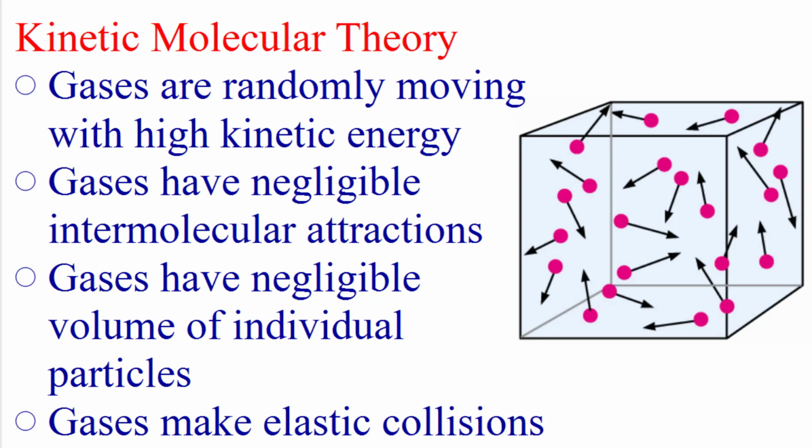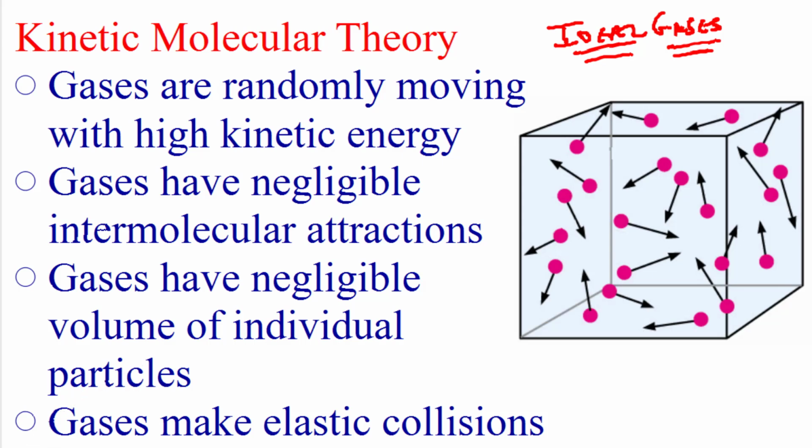So let's start off with the kinetic molecular theory, the KMT, which deals with ideal gases. This is when we can use PIV-NERT. Our ideal gas law is when we can assume each one of these four things. We assume that gases are randomly moving with high kinetic energy.